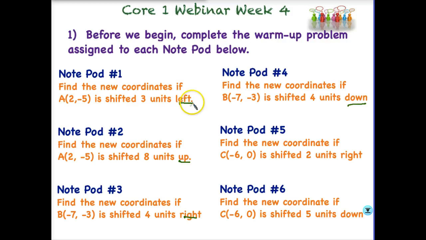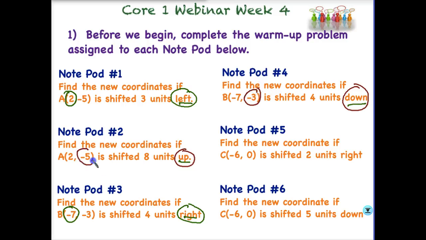If it goes left or right, what we discovered is that you're only going to adjust the x coordinate here or here. But if it goes up, like here, or down on this one, then you're only going to adjust the y coordinates here.